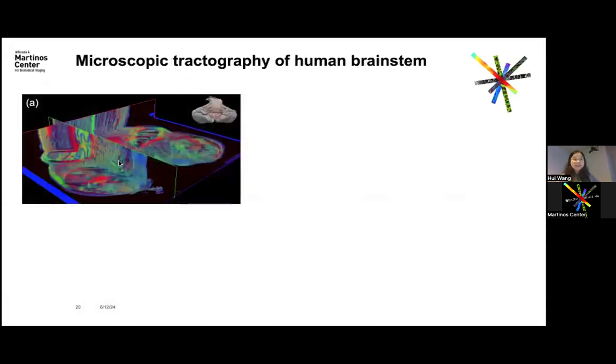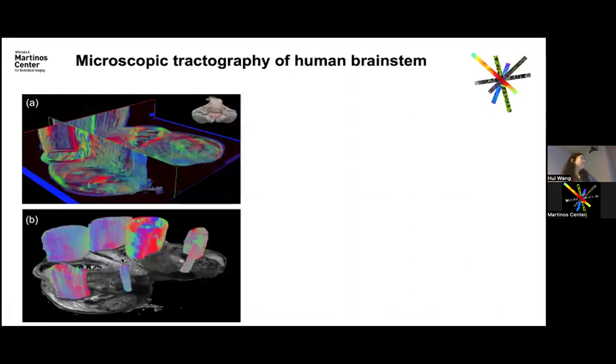Okay, so by using the 3D axis orientation obtained by PSOCT, we can conduct a tractography analysis on those reconstructed volumes. Here, Carlin again helped us manually segment all the fiber tracts, fiber bundles, and nuclei, and we constructed the tractography.